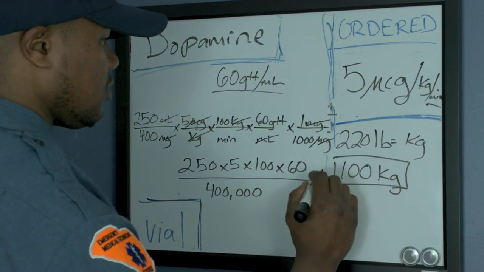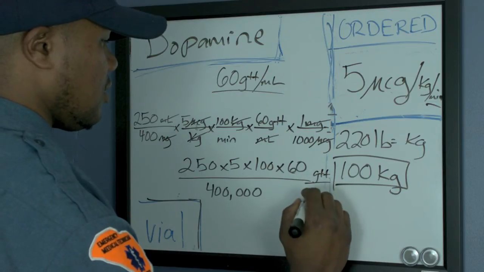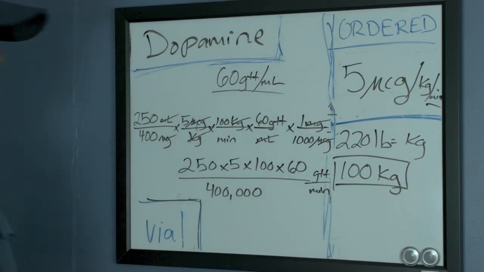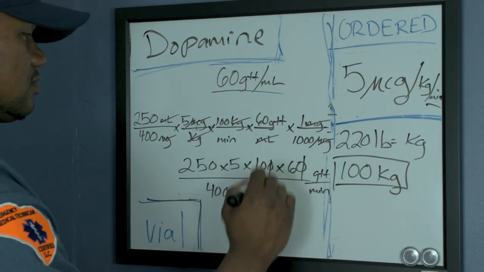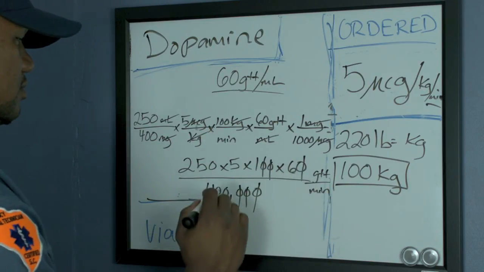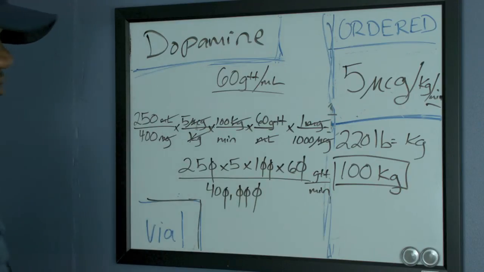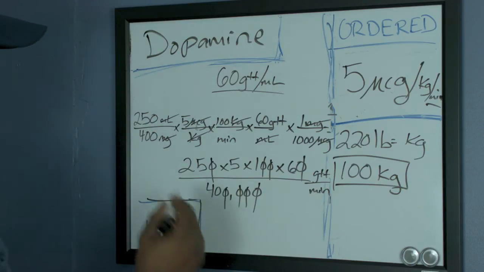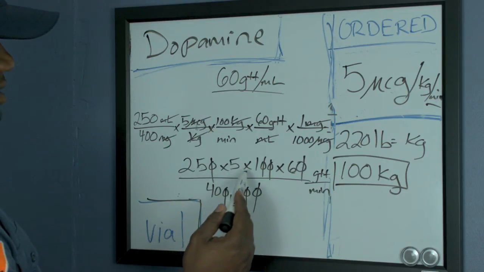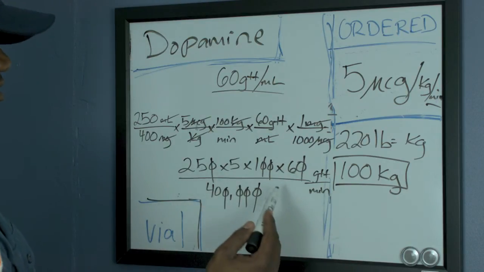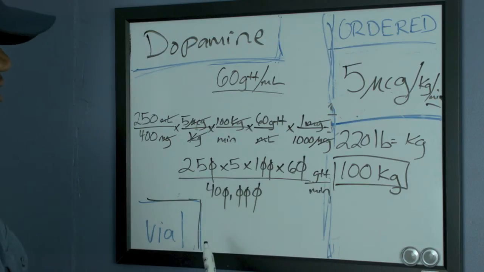And then your units drops over minutes. You can go through it, start canceling zeros. Okay? And now you're left with 25 times 5 times 1 times 6. All of that over 40.